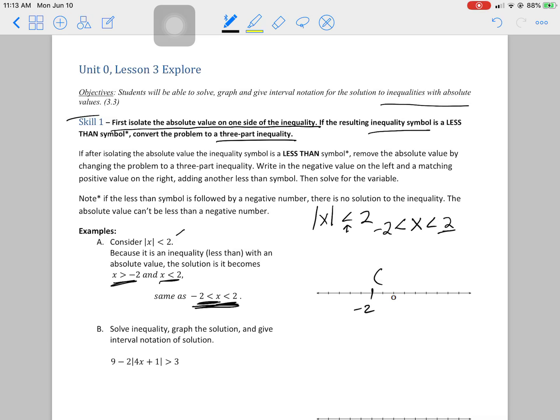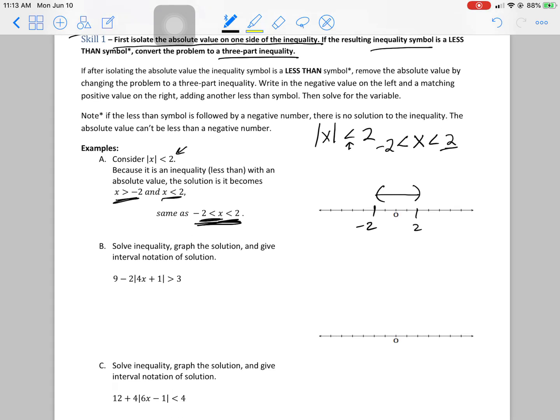And then the other one is a positive 2, and it's not a 2 exactly. It'd be less than a 2. So all of these numbers would work in this equation. The absolute value of a negative 1 is 1. A 1 is still less than 2. Okay, so that's how you get those.